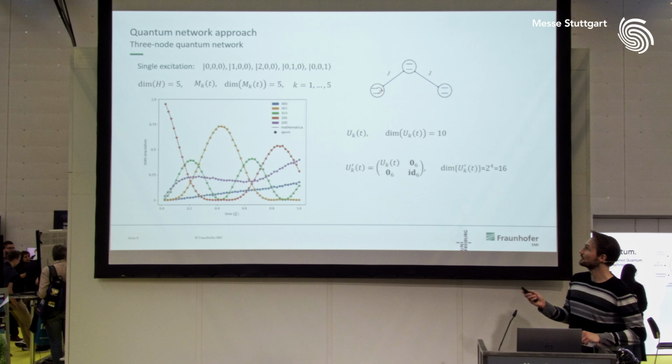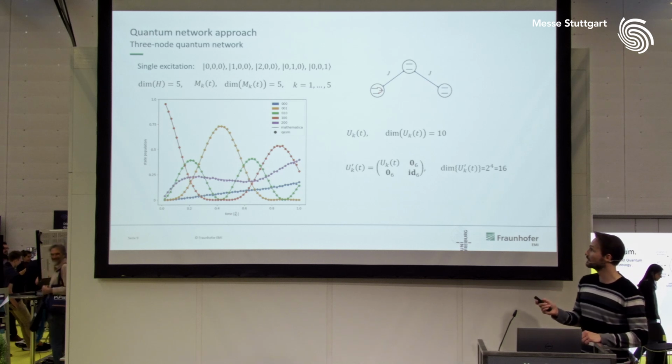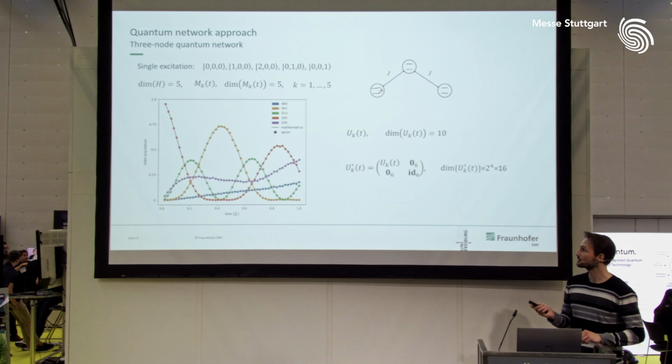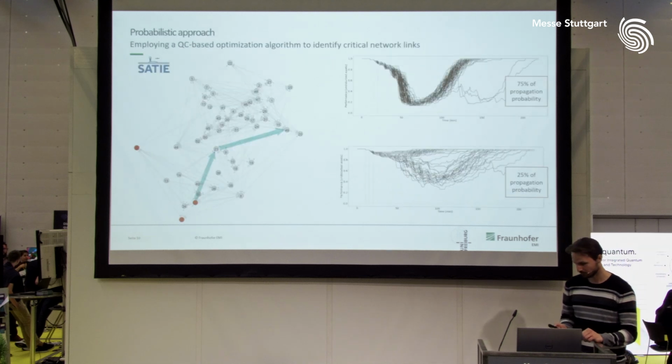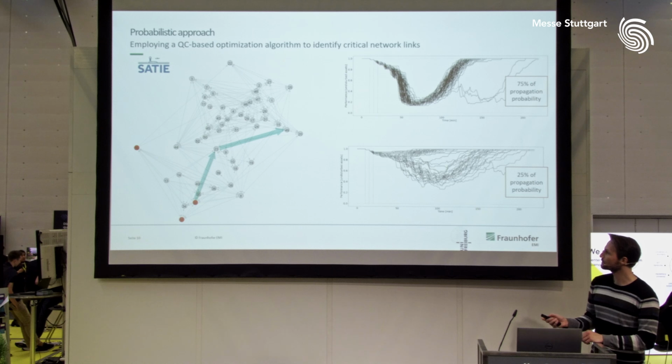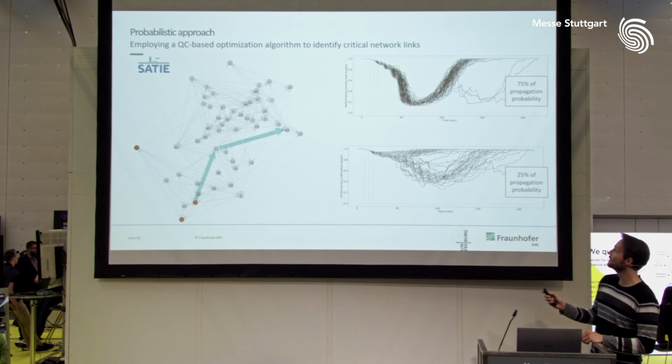So, right, this was the largest system that we could so far tackle with the first approach. And the second approach is now what I call the probabilistic approach. So again, I'll show you some network here and these resilience curves.